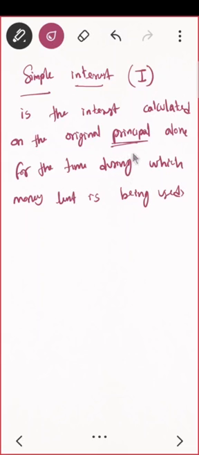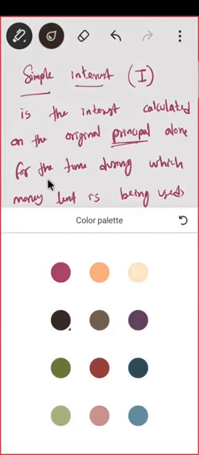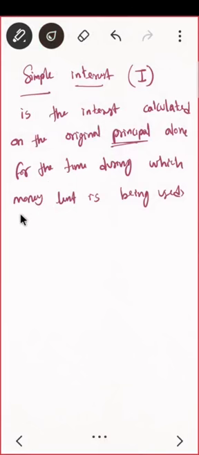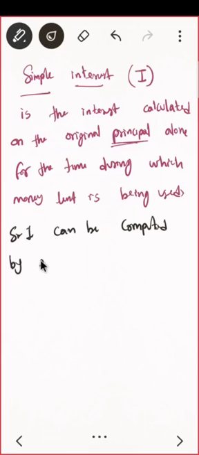So this interest depends on your principal, time and rate. That's it. And what is the general form of how to calculate it? Simple interest SI can be computed by applying the following formula.